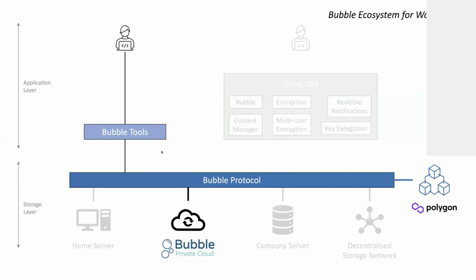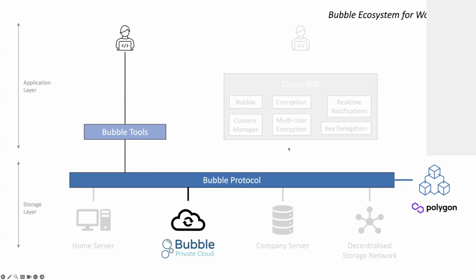So for this workshop, we're going to use a subset of this ecosystem. This is just for workshop 1. We're going to be using the Bubble Tools command line. We're going to be using the Bubble Private Cloud, which is a public cloud server, and that's run by us. And we're going to be using the Polygon blockchain.